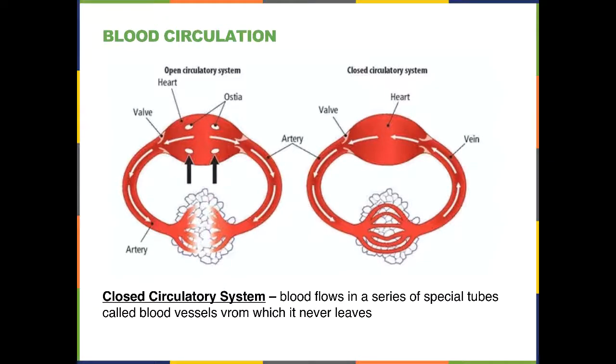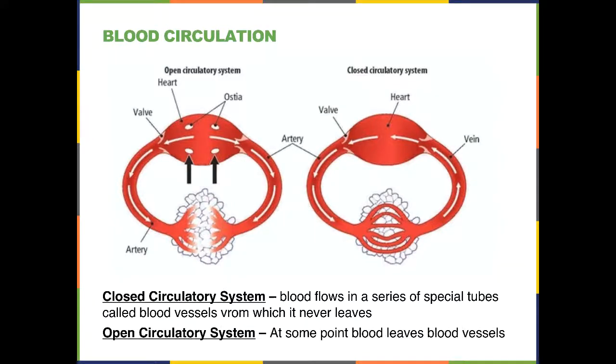Closed circulation is when the blood remains in a series of special tubes called blood vessels and never leaves those blood vessels. And so it's closed in the fact that the blood is closed within a special system and never comes out of that special system.